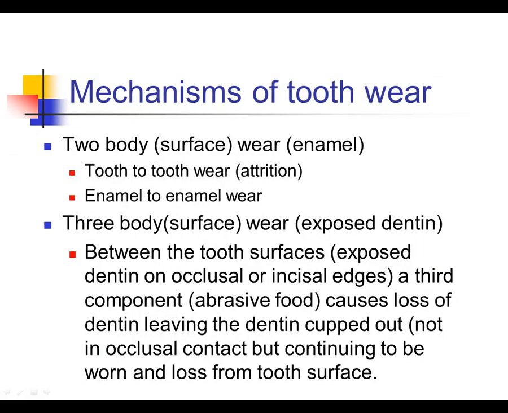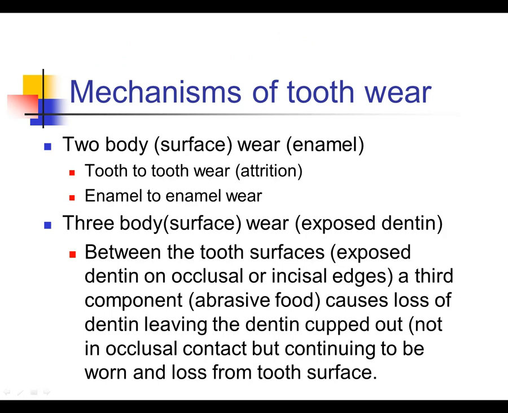When we characterize the mechanisms of tooth wear, we can characterize them as being two-body wear, enamel wear, and you know it as attrition, where the patient is bruxing or clenching, enamel to enamel wear, until eventually we wear through to the dentin. When we see wear to the exposed dentin, it's usually three-body wear, where the dentin is exposed, and a third component comes into play.